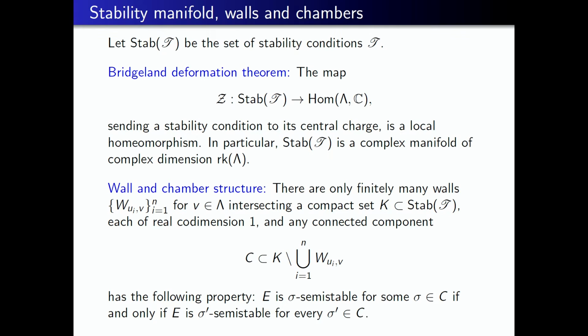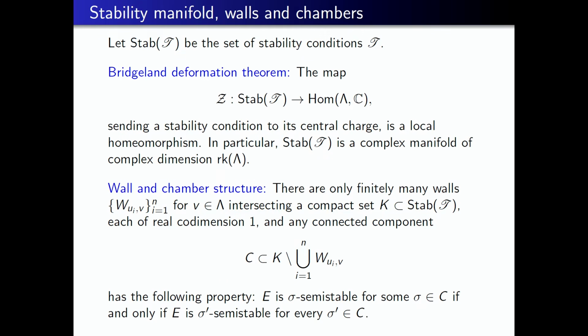First you can define a topology on this set, a metric or a weak metric topology. And with this topology, this forgetful map that takes the stability condition, which is a pair, a heart and a stability function, and forgets the heart, keeping the stability function, is a local homeomorphism.